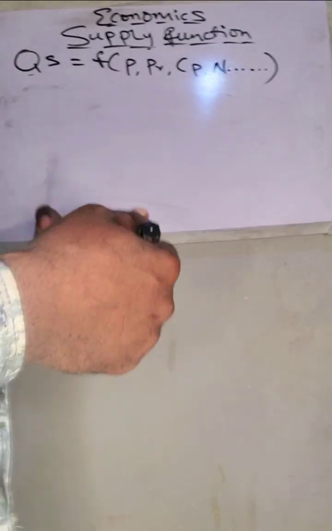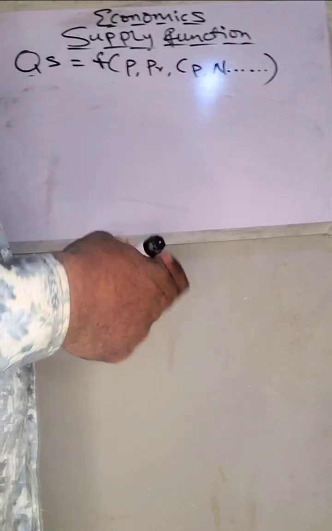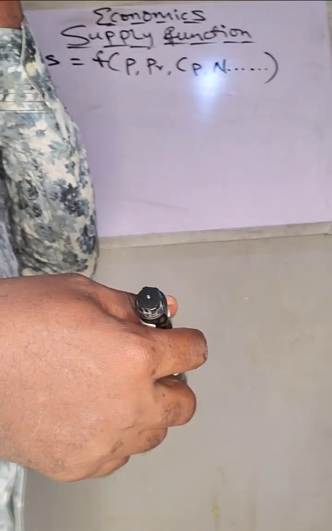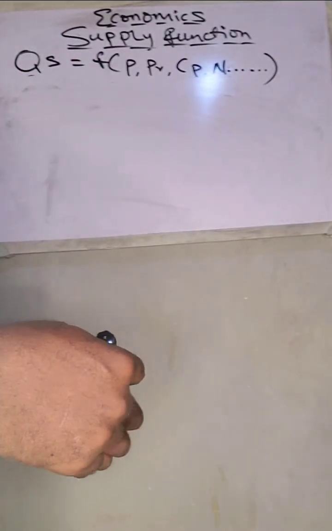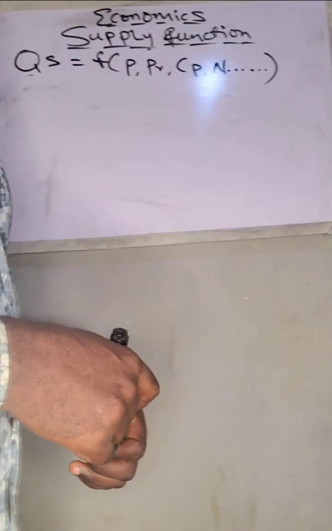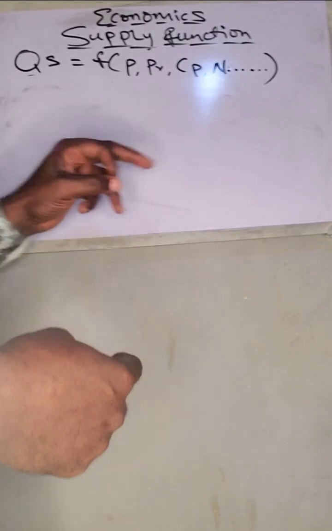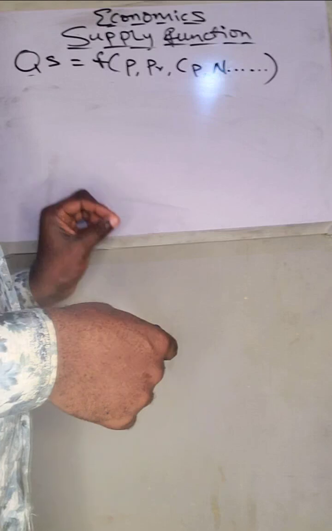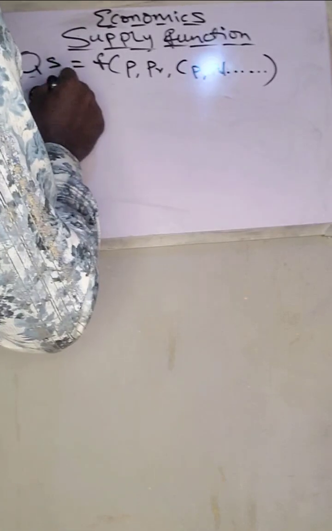That is to say, when cost of production increases, a producer or a manufacturer is likely to supply less because of increase in the cost of production.